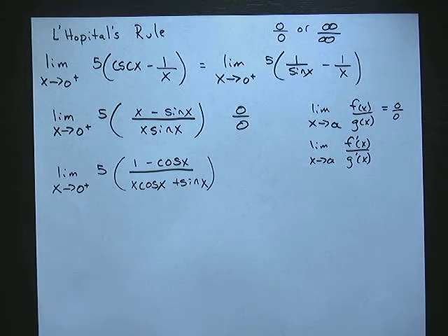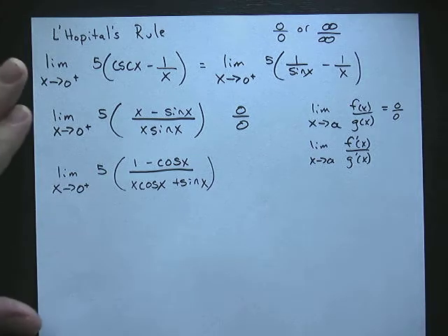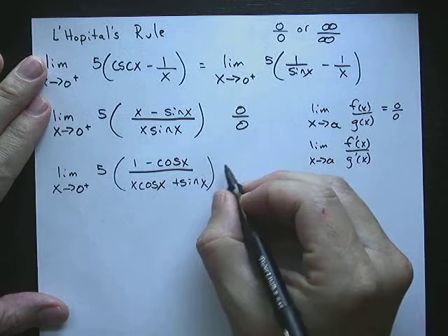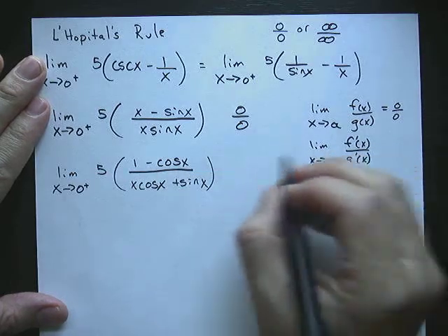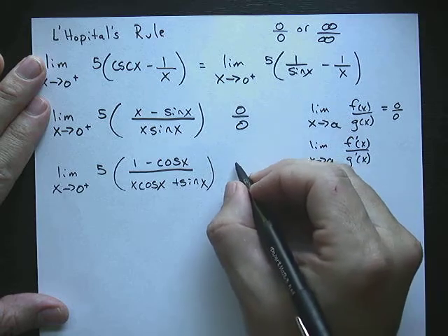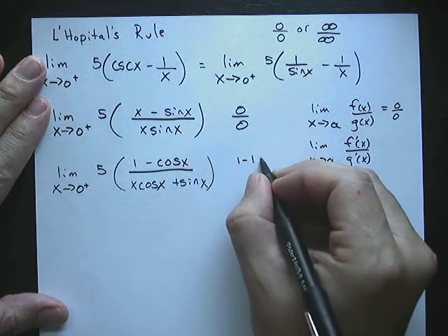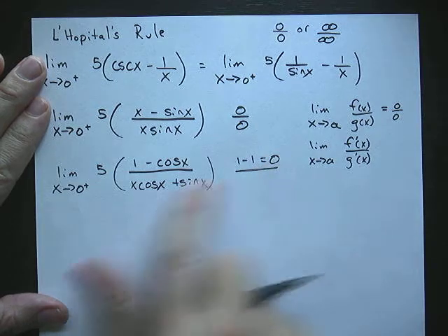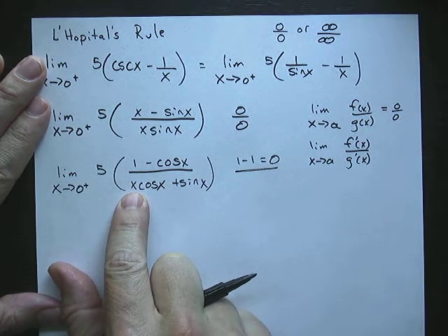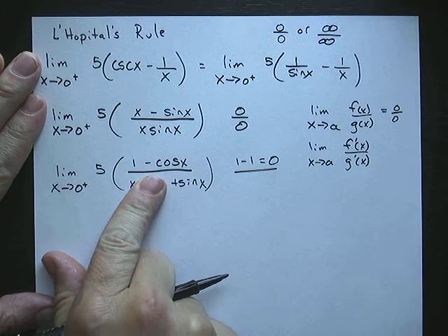Now if we plug in a 0 again to see if we can get our limit, we get 1 minus, what is cosine of 0? 1 rather, sorry. So 1 minus 1 is 0. So we get 0 in the numerator. And then down here, the 0 plugged into the x gives us 0, so this whole term's gone.